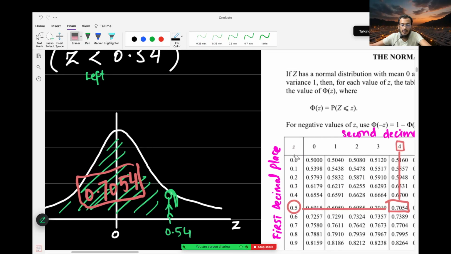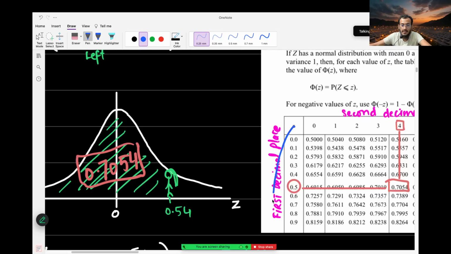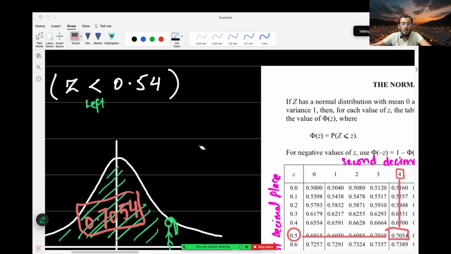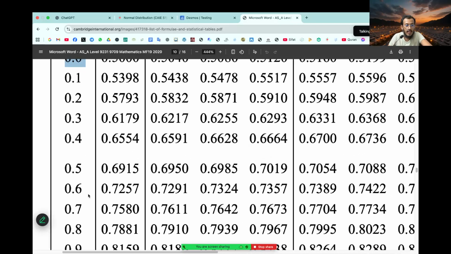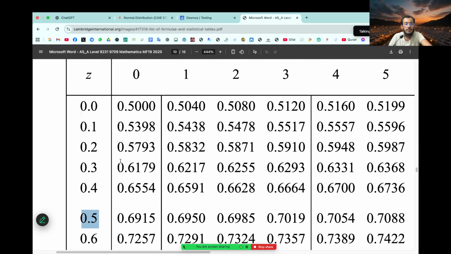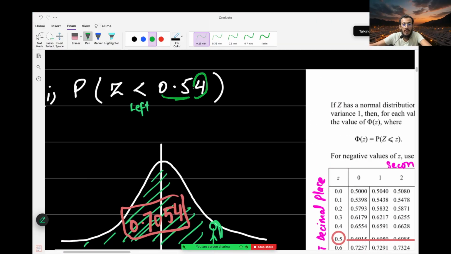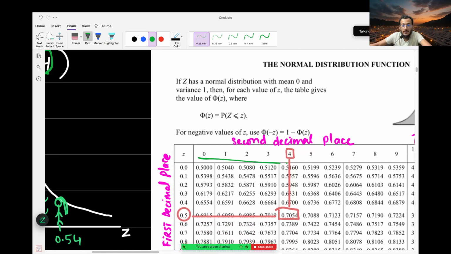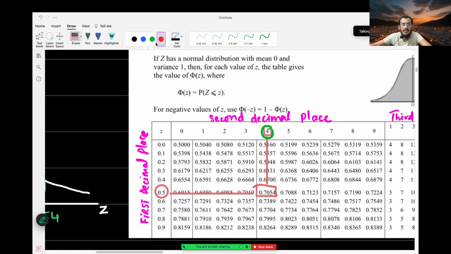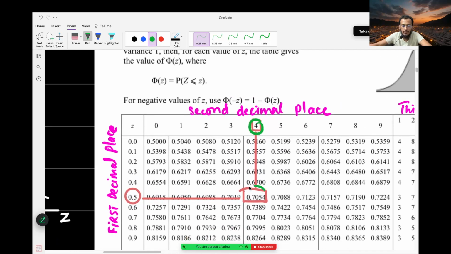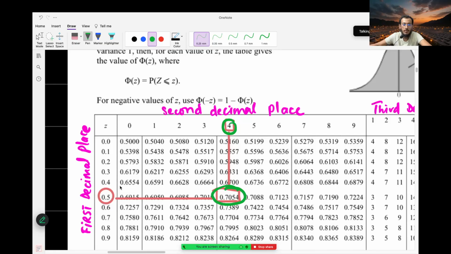We are told to find 0.5, so we go to the table and locate 0.5. Then they said 0.54, and this row represents the second decimal place, so we go to 4. So 0.54 means this probability value. This is the probability value we're interested in.